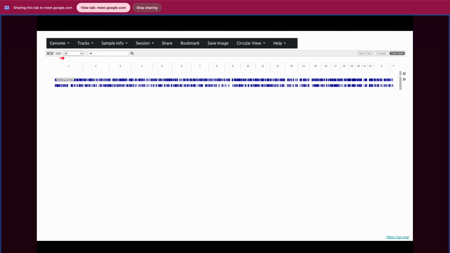So hg19 is nothing but it is telling about the genome assembly, that after performing the sequencing of the entire human genome, whenever there are changes in the entire genome sequence, a new genome assembly is added in which new genes have been identified. So there will be different genome assembly numbers. In this case it is hg19, and we'll also see what other numbers are present.